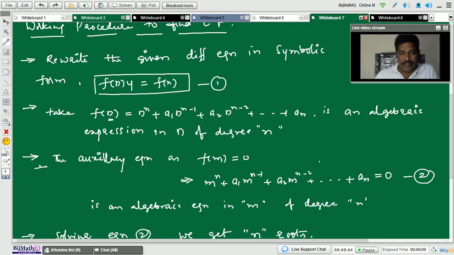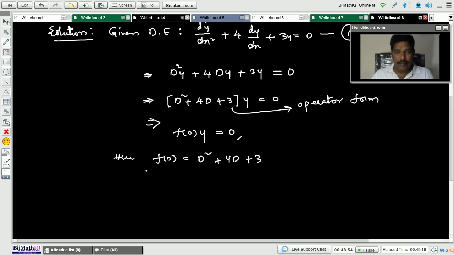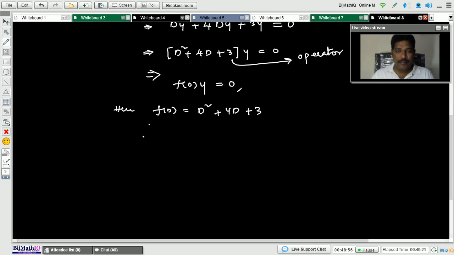What is the next step here? Next step, take the auxiliary equation as f of m equals 0. Writing the auxiliary equation, f of m equals to 0, this implies m square plus 4 m plus 3 equals to 0.